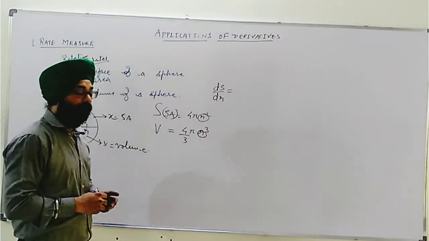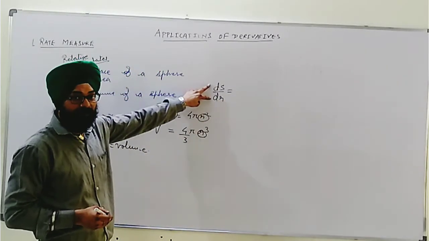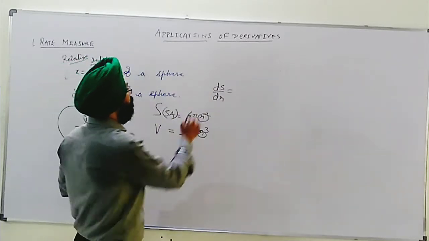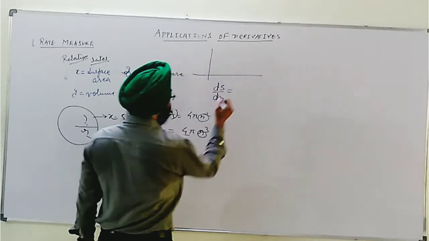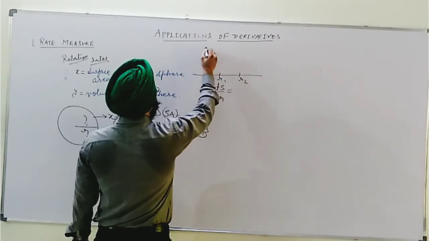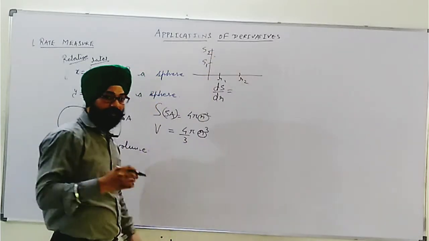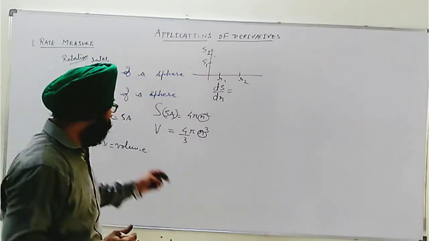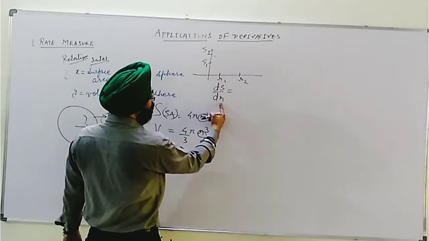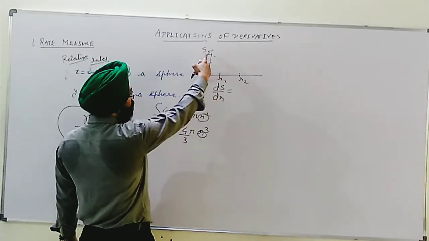That means we observe the change in surface area with respect to r. This can be taken for graphical presentation as r1, r2, s1, s2. When the radius of a sphere is increased, the surface area will surely increase. So with respect to radius, we are seeing the change in surface area.